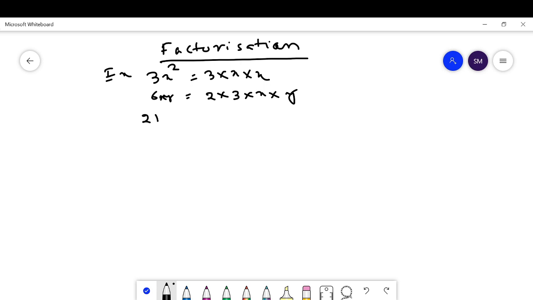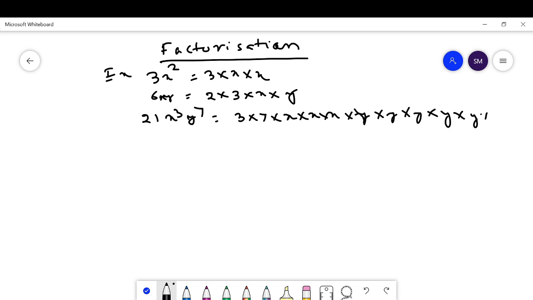Suppose this is given 21x cube y^7. This can be factorized as 3 into 7 into x into x into x into y into y, and so on, y seven times.